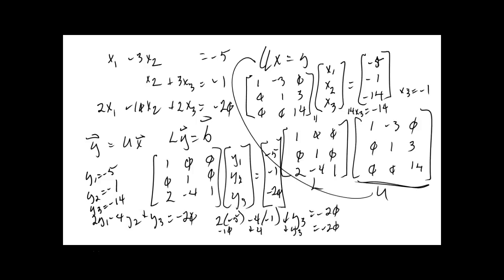This is 0 minus x2, right? 0 plus x2, so x2 plus 3x3 is equal to minus 1.